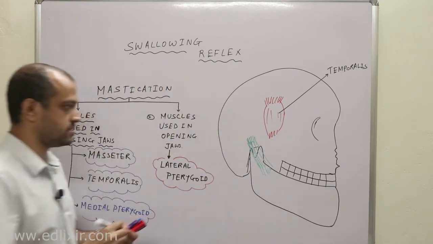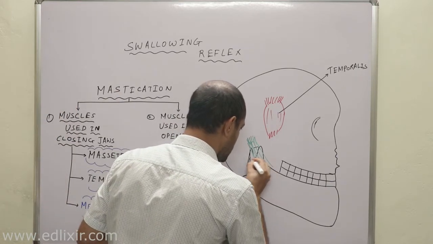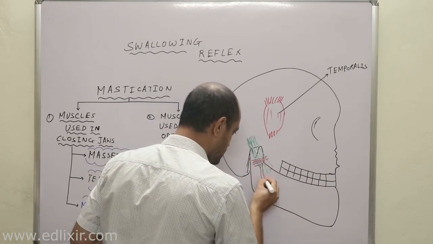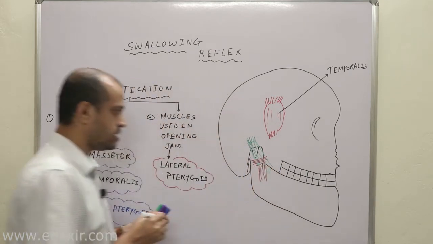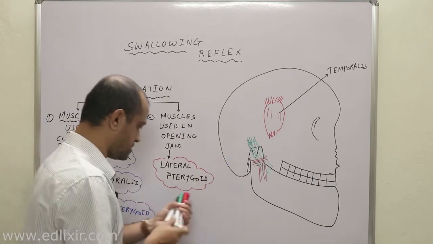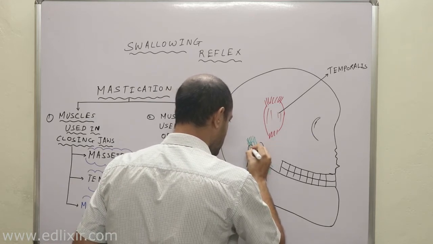This is your masseter. This is your lateral pterygoid, which is present beneath the masseter, and this is your medial pterygoid. Clear? Now listen with all your attention. This structure is your epicondyle region.